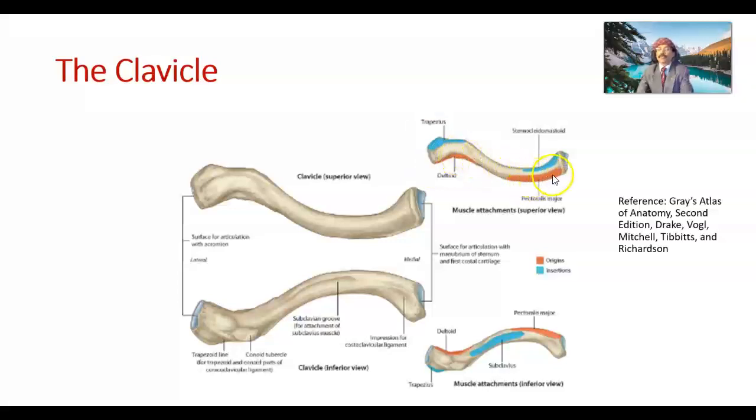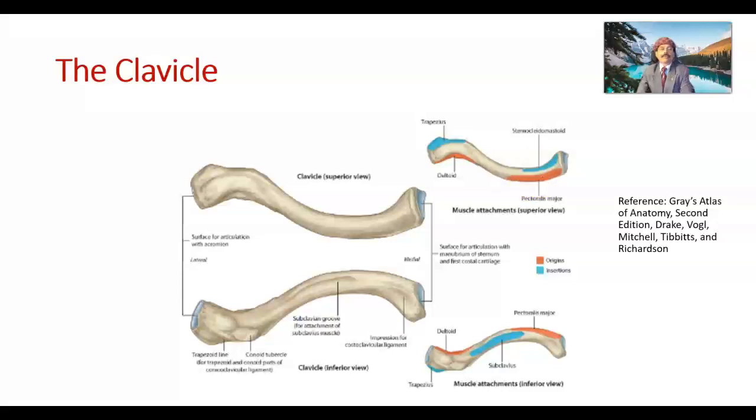Here we have the pectoralis major, and superiorly we get the insertion of the sternocleidomastoid muscle. This is the origin of the pectoralis major muscle.